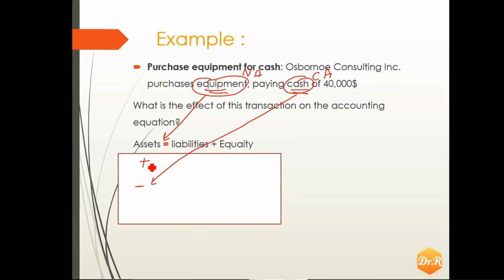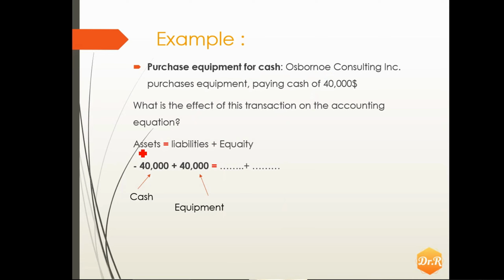So our equipment increased, and we pay by cash, so our cash decreased. Our cash decreases by minus 40,000 while our equipment increases, so our accounting equation stays correct.